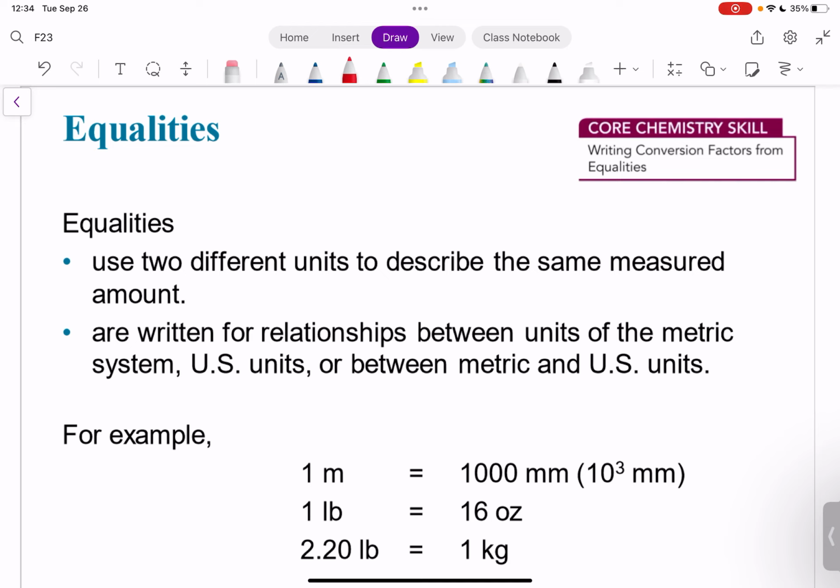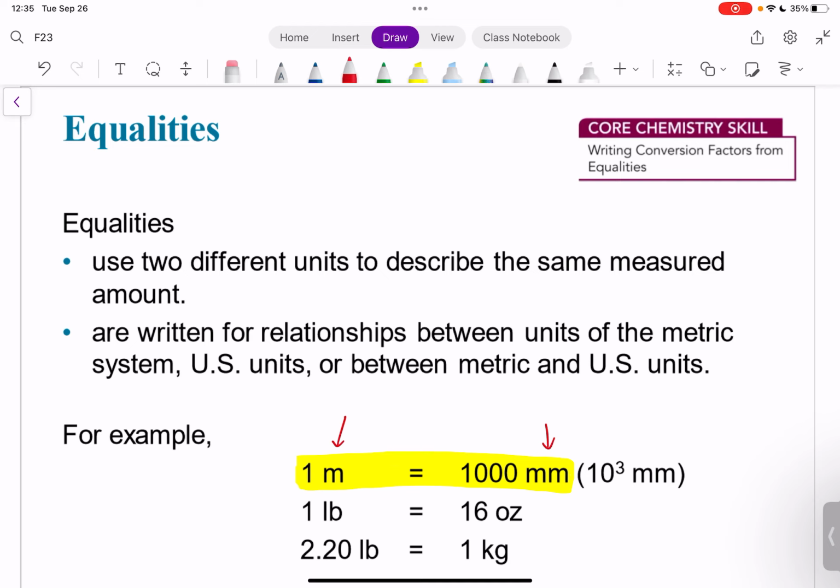Equalities use two different units to describe the same measured amount. For instance, let's take a look at this first equality here. What I want you to do when you look at this equality is think about it: meters is our base unit, and is meters bigger or smaller than millimeters?